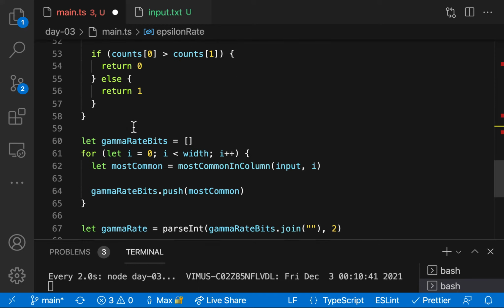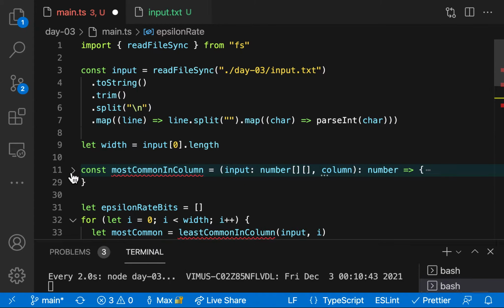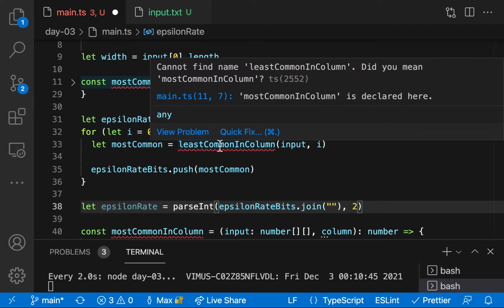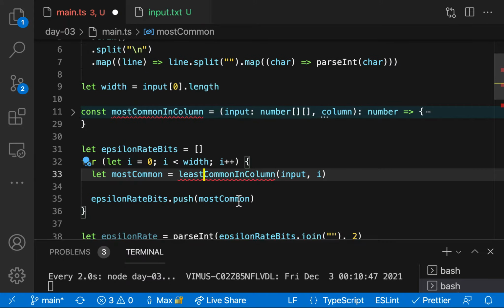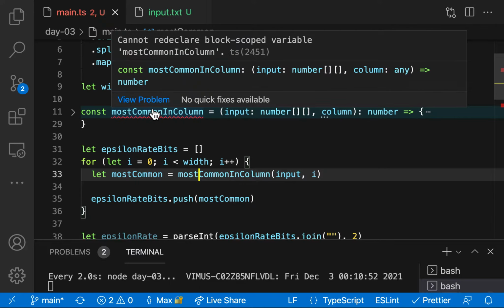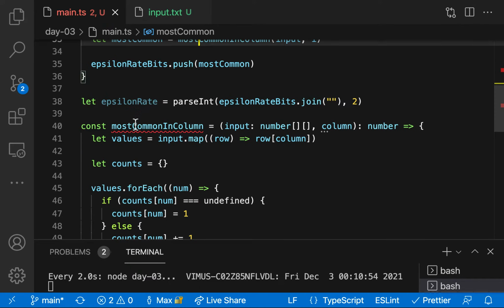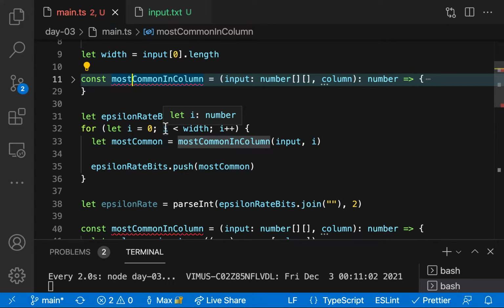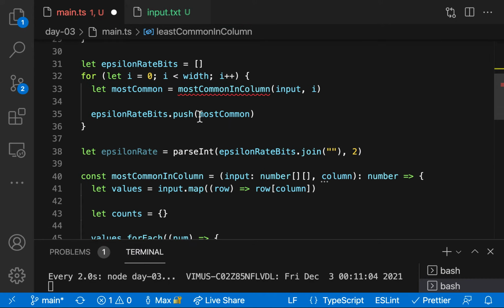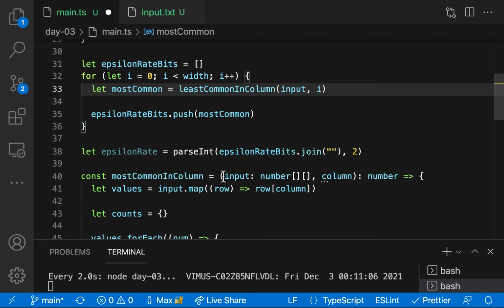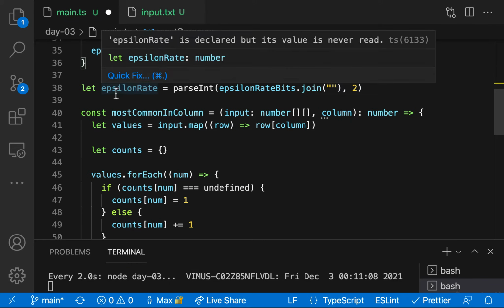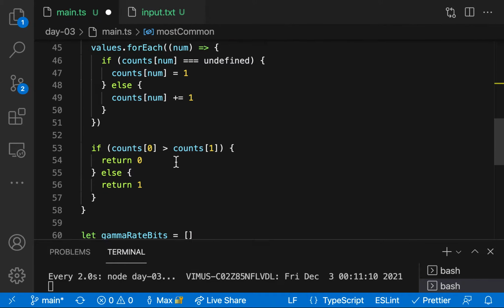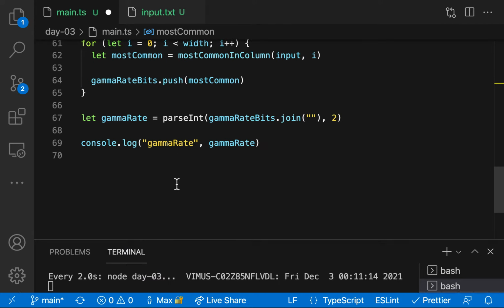Wait, did I paste too many times? Hold on. Most common. Oh wait, this one should still be most common. What's wrong with this? Cannot read it clear. Okay, and then this one. Ah, shoot. I guess this is now going to become the least common one. And then, yeah, here's our most common, gamma rate, etc.